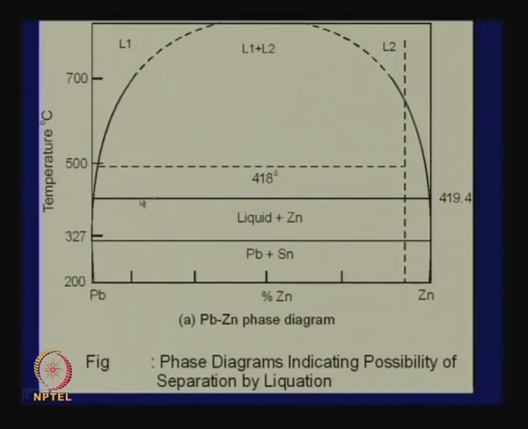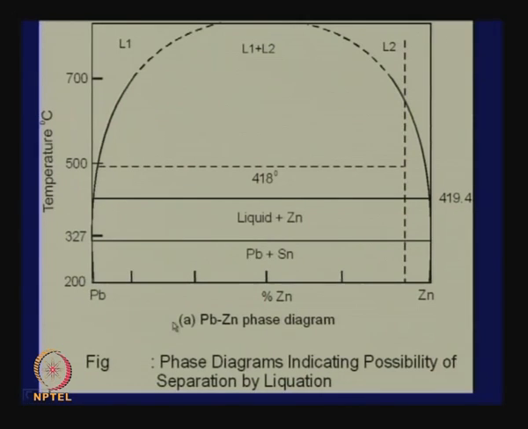Now, this is the phase diagram of the lead zinc system. You know, the melting point of zinc is here, and the melting point of lead is only 327. So, if you go slightly above it, we have liquid lead, liquid lead and zinc together.